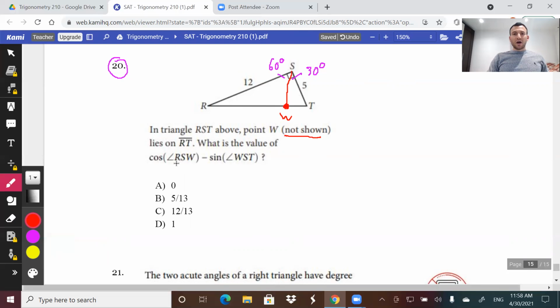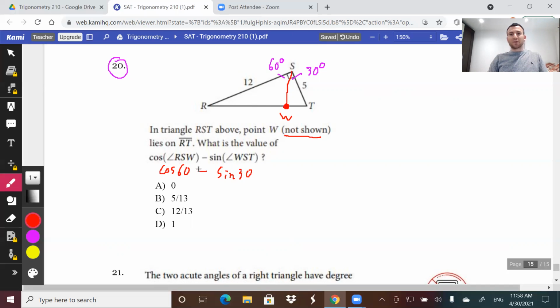So if we're looking at cosine RSW, we're looking at cosine 60. If we're looking at sine WST, we're looking at sine 30. Well, hopefully you remember your cofunction identity.